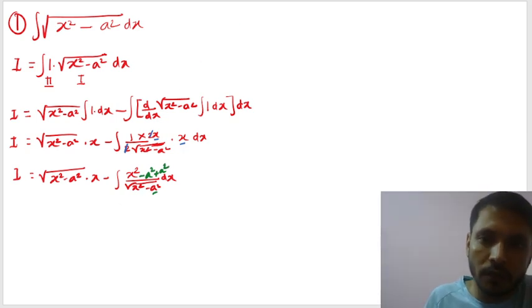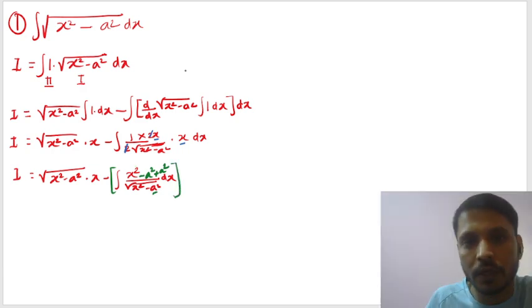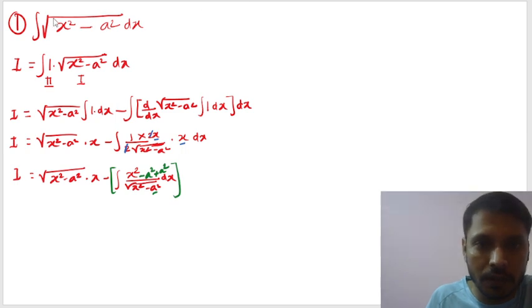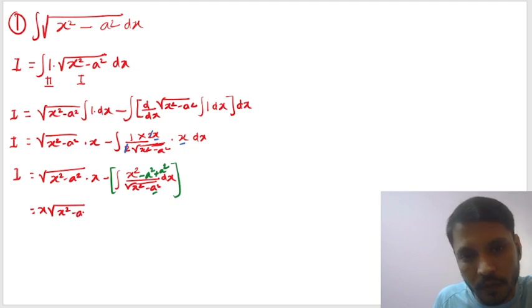So in the next step we can write, and at the same time we should take the bracket also, because there will be a sign difference otherwise. Here that bracket part we need to solve actually. This first part will be as it is, means this is x under root of x square minus a square, no changes in that.